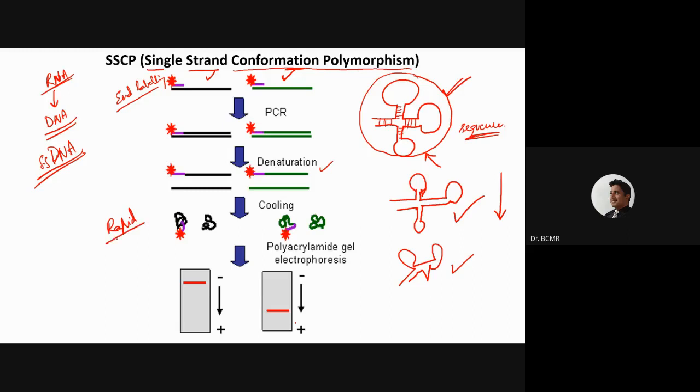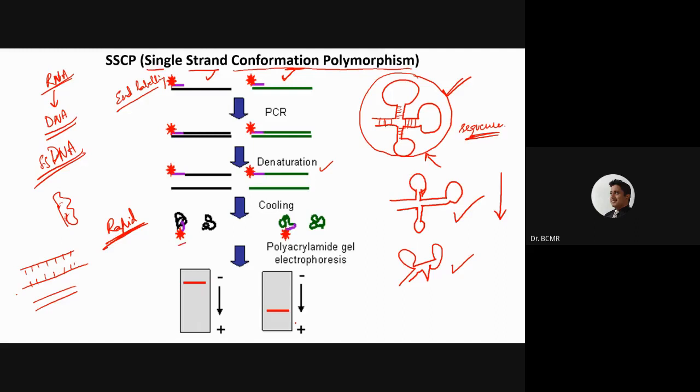If you allow slow cooling, it might find some other complementary strand, and might form double-stranded DNA. But if you quickly cool it, then it will more preferably try to find base pairs within itself and have intramolecular base pairing. So it forms a certain structure based on the stability of the hydrogen bonds and so on. So each of them will have their own conformational states.